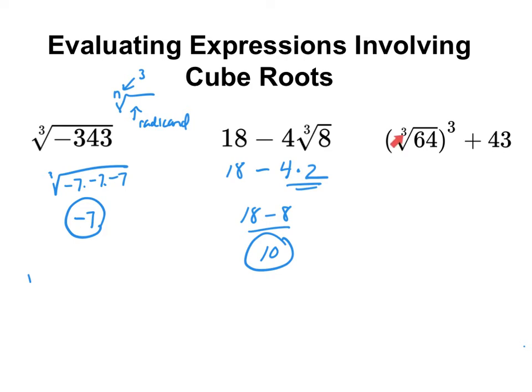Now, the next one, I'm finding the cube root of 64, and then I am cubing it, which means these two operations are going to cancel each other out, and my result is going to be the radicand, which is 64. And 64 plus 43 would be 107.